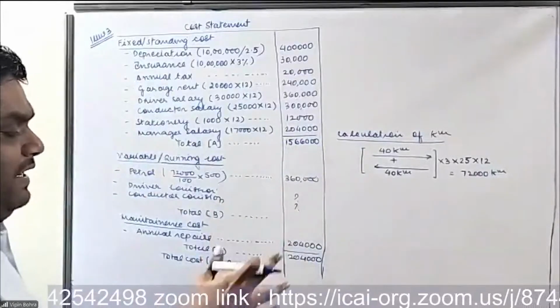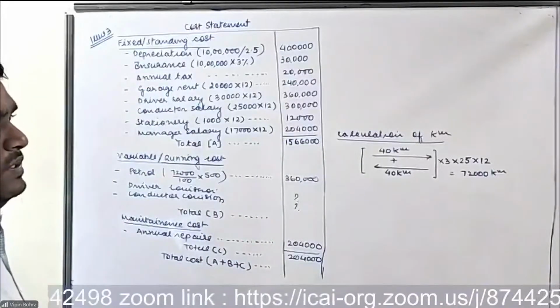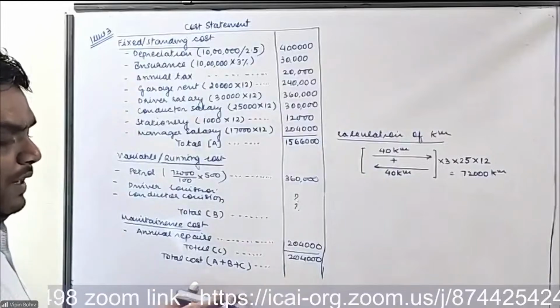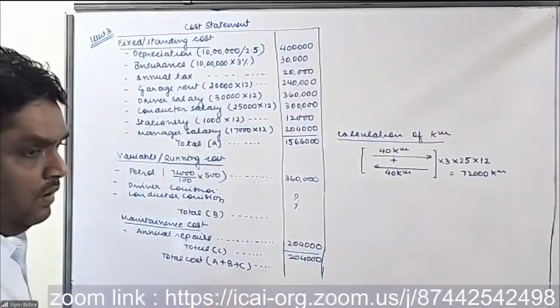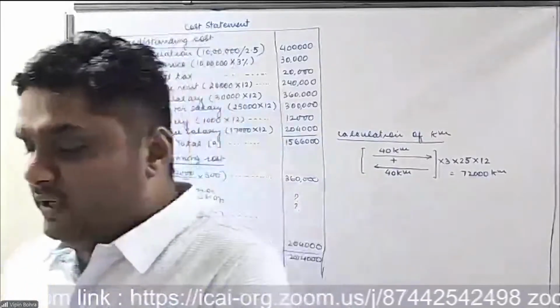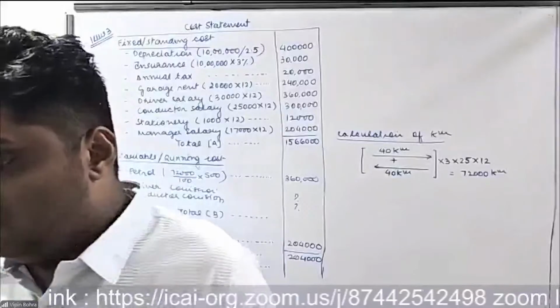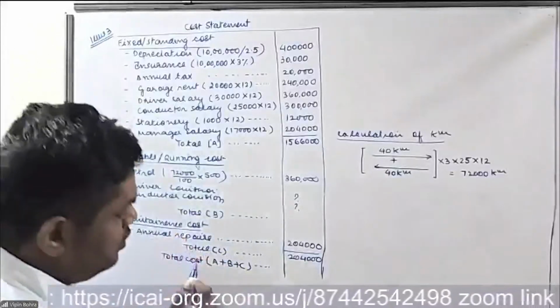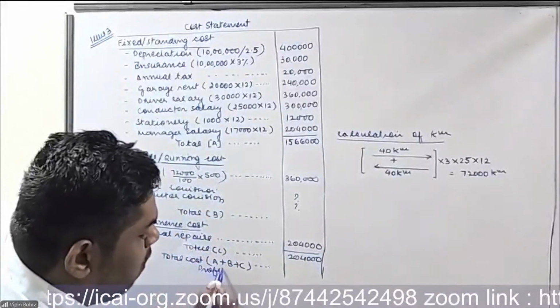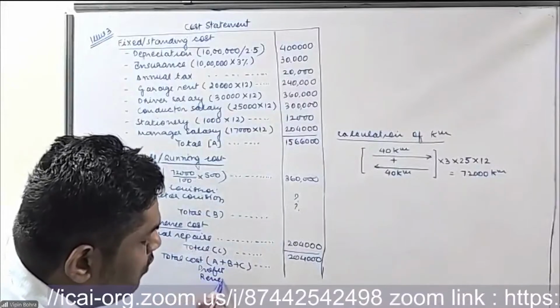This is 360 we have. This is 2,04,000 we have. So now we need to calculate the total cost, the profit, and the revenue.